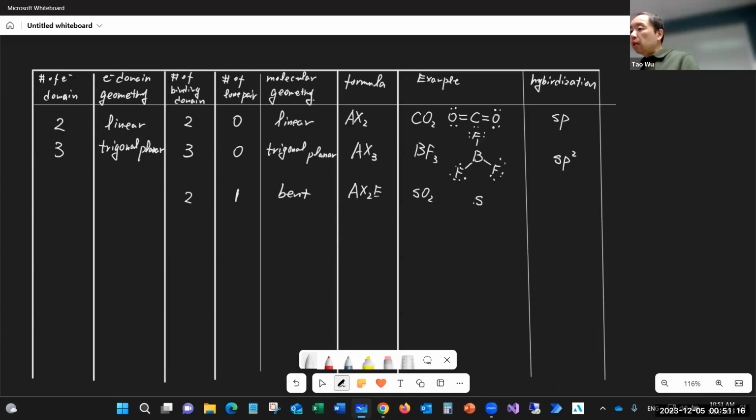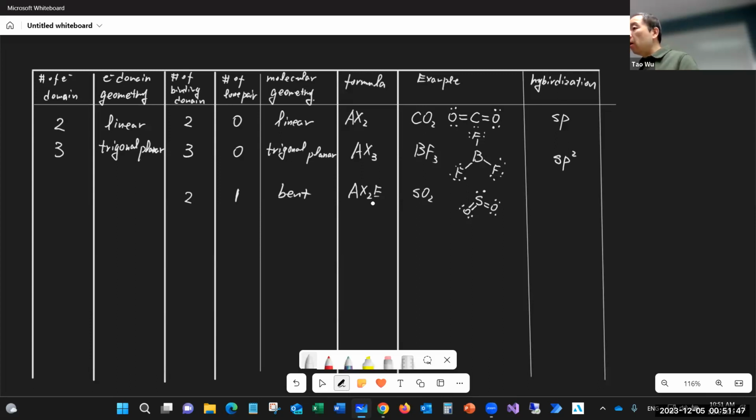Sulfur contains two double bonds and one lone pair over here. Sulfur actually does not follow the octet, but this is the best Lewis structure for sulfur dioxide. Although the other structure follows the octet, this one is the best.